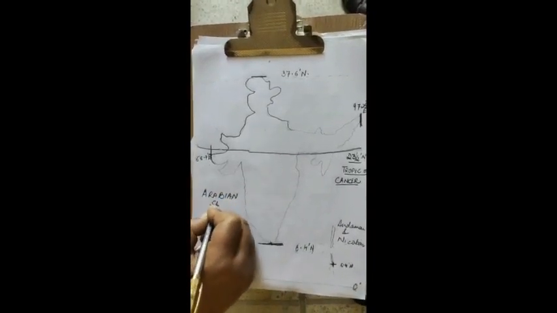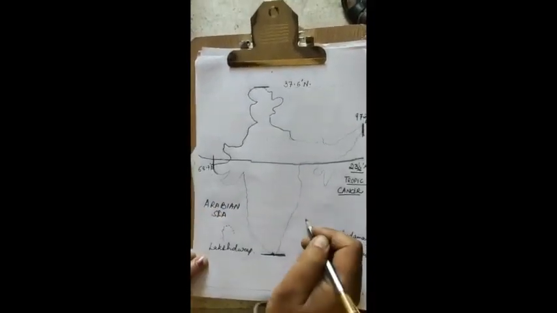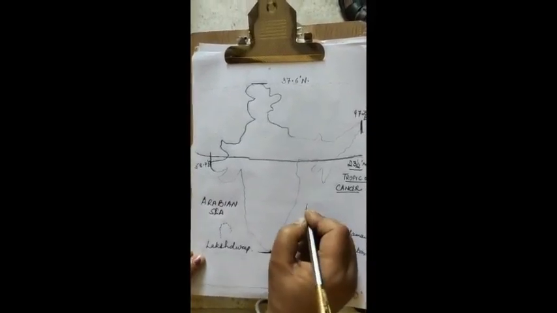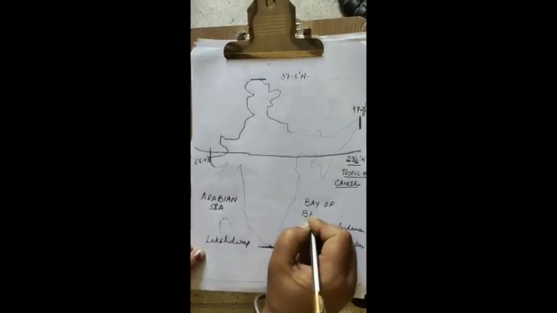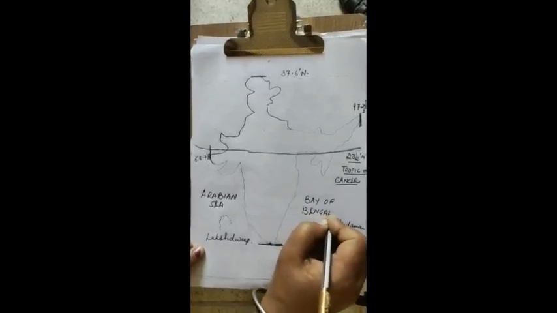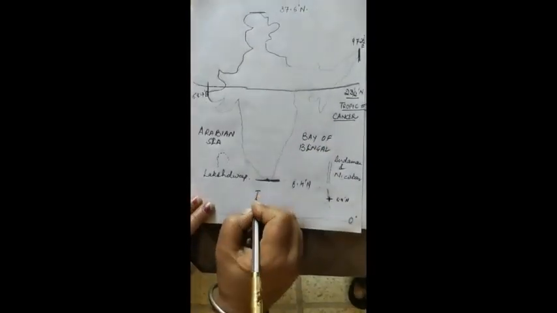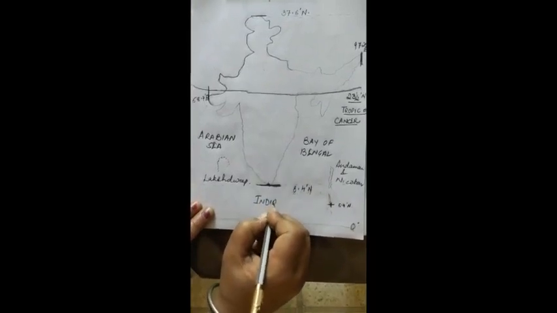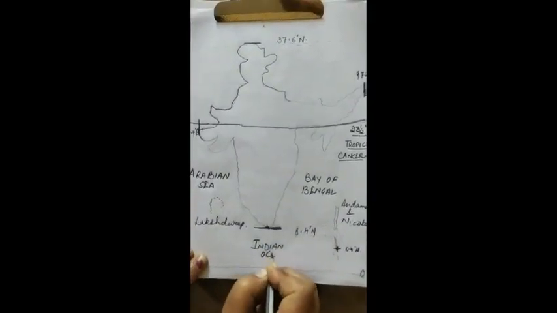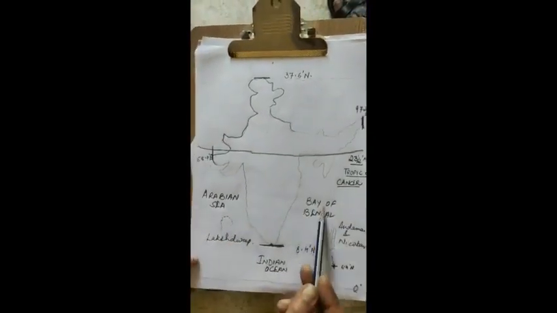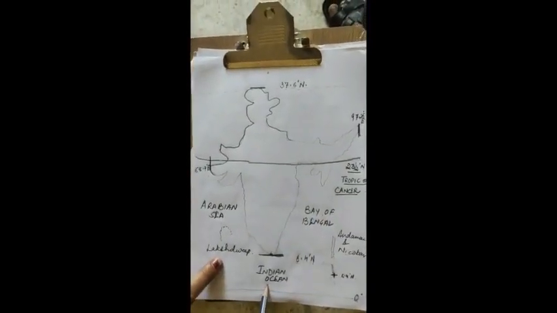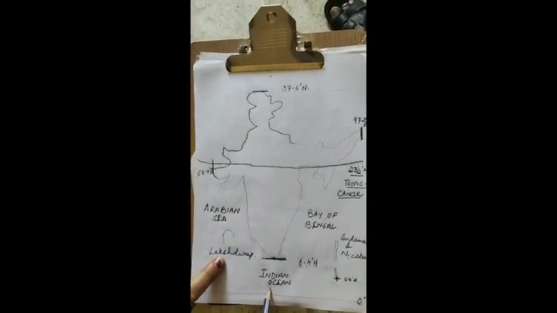On its east, it has the water body Bay of Bengal. And in its south, the water body is the Indian Ocean. It means India is surrounded by water from three sides, which makes it a peninsula.